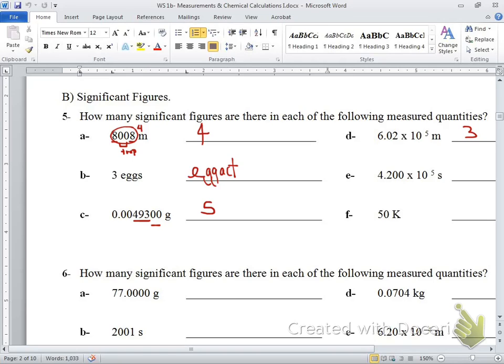If I were to convert this one to scientific notation and try to keep the 5 significant figures, I would have to write it as 4.9300 times 10. I'm going to move the decimal to the right, so it's going to go down to the minus third.